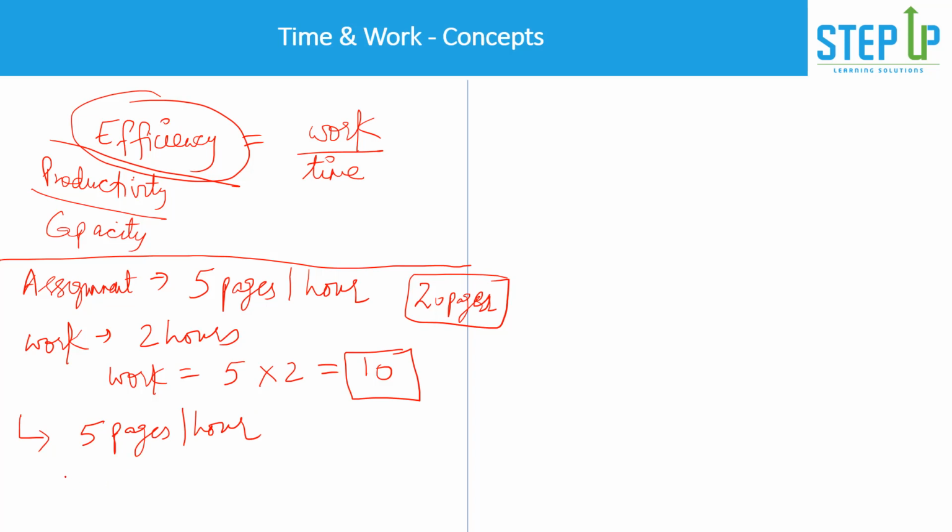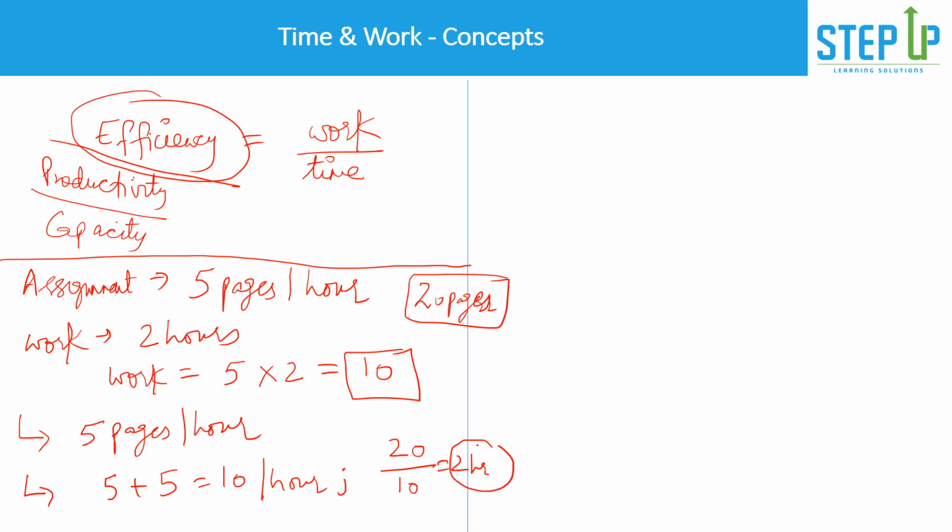So now they will ask you, in how many hours will you both working together be able to finish the work? That's very simple. Your speed is 5, plus your friend's efficiency is also 5. That means you will be able to do 10 pages per hour. So in how much time will you take to actually complete the assignment? This would be 20, the total work that has to be done, upon 10, which is how much time you will take, 2 hours.